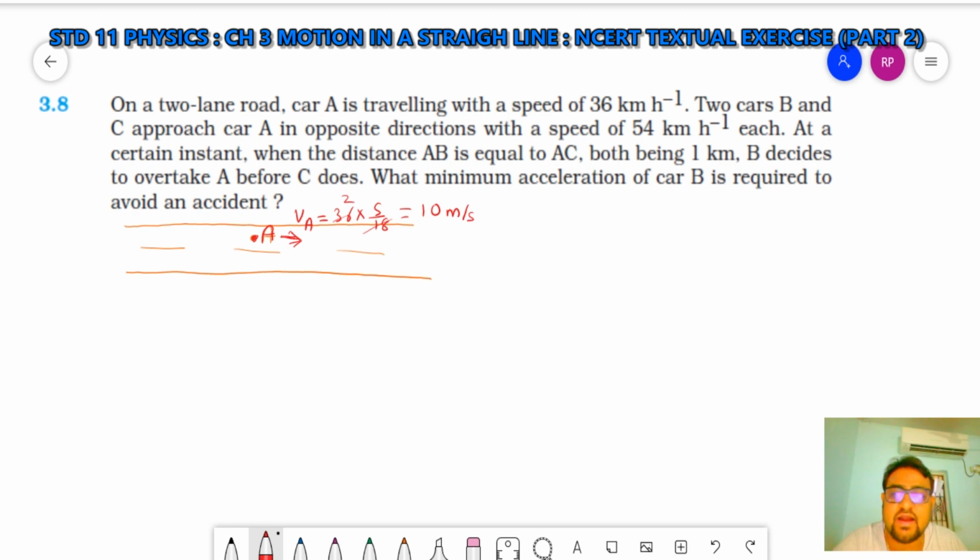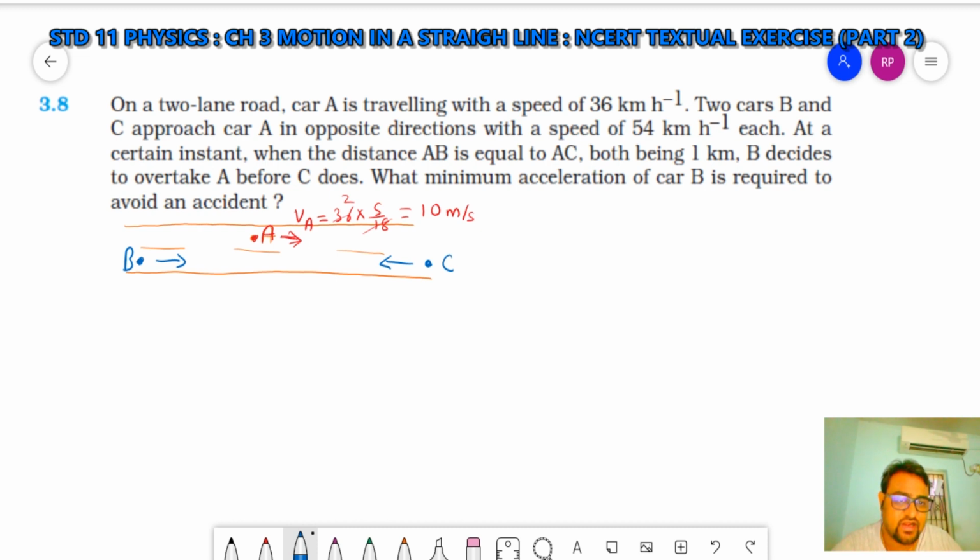Now two cars B and C approach car A in the opposite direction. That means B is coming this way and C is coming this way. So let's take car B approaching in this way and car C in this way. Clear? So see, B and C are in the opposite direction, approaching toward A. B is going toward A, C is going toward A. Both have a speed of 54 kilometer per hour.